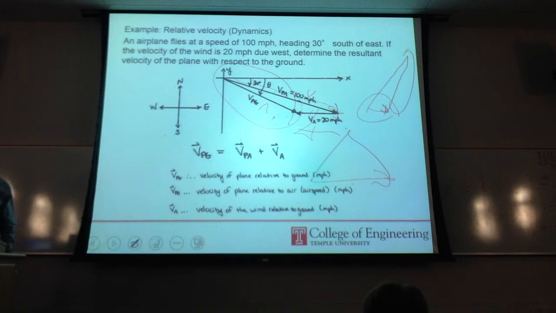So in order to do this, what do I need to do? It's a vector addition. I need to define these two vectors. I need to define this, and I need to define this. So the first one is, what is V bar PA, which is this one. What is that equal to?